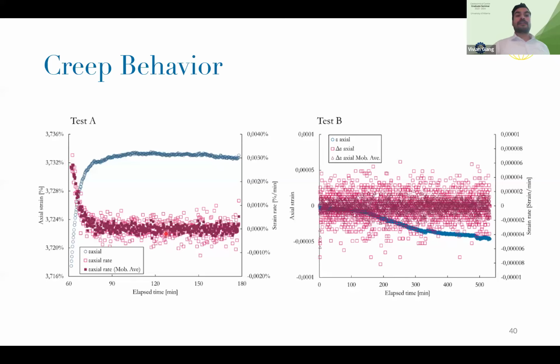I also calculated the moving average of that strain, because it's easier for people to see, since the way the strain is changing is kind of messy.